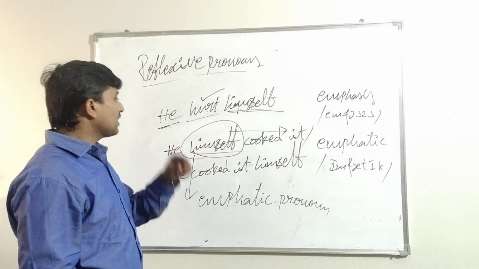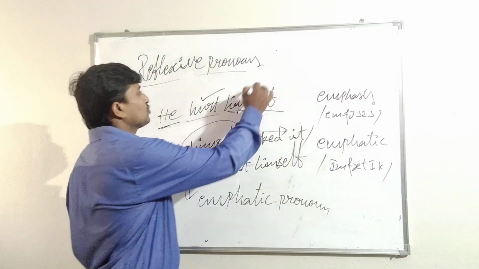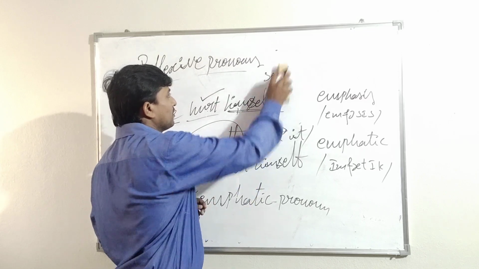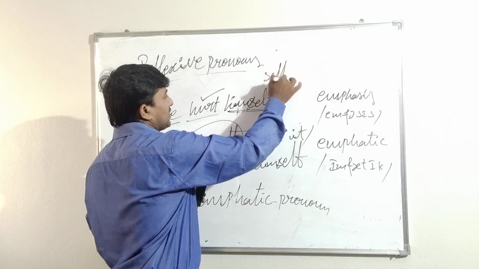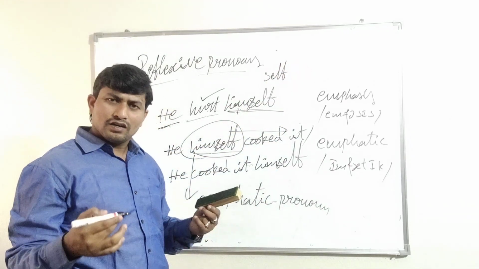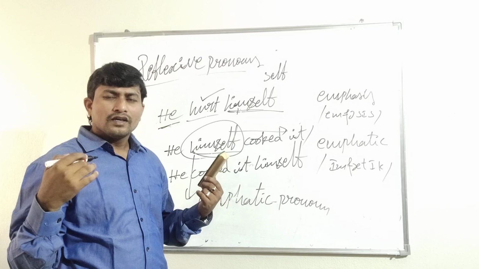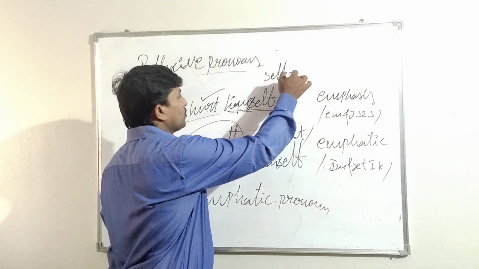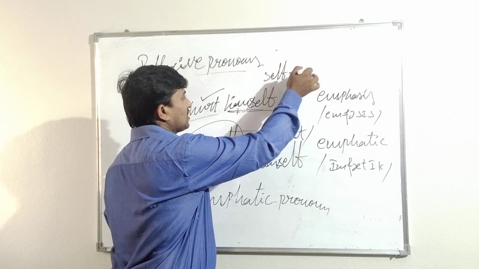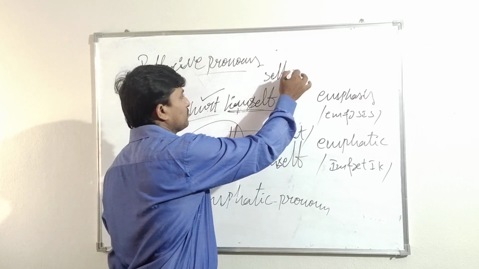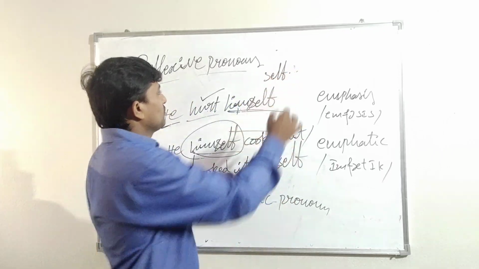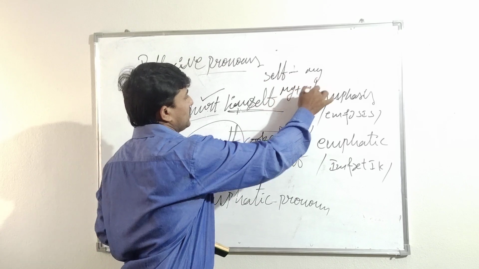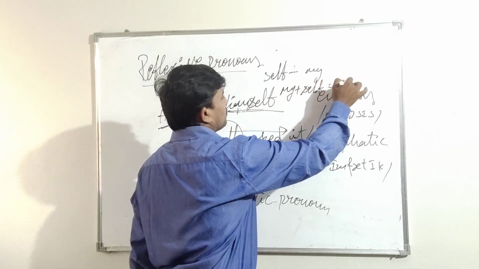pronoun. So these kinds of words are known as compound words. I have already told you, if self is added to my, our, your, him, her, it, them, one, then what will happen? If self is added to my, it is nothing but my plus self, called myself.